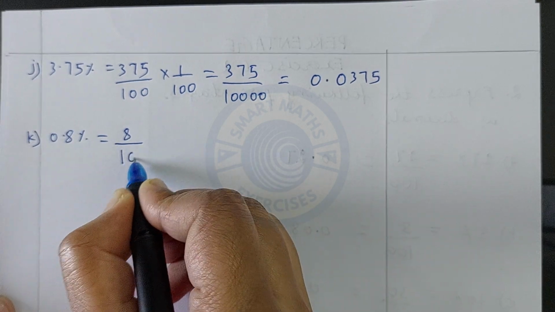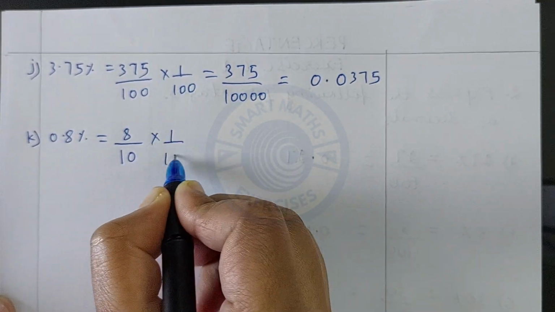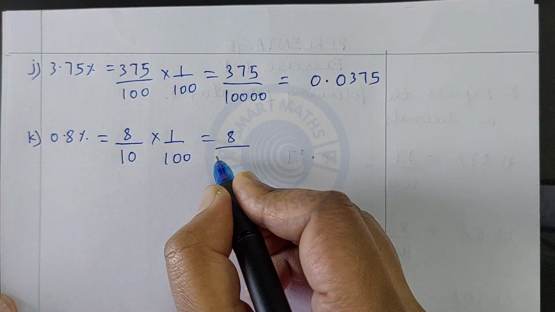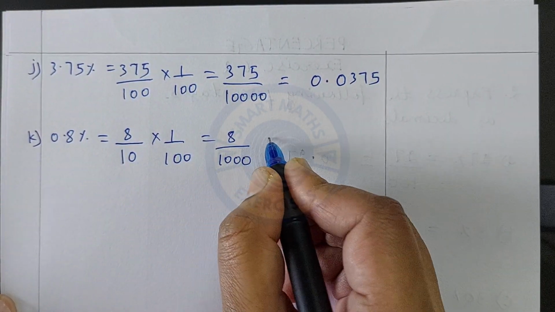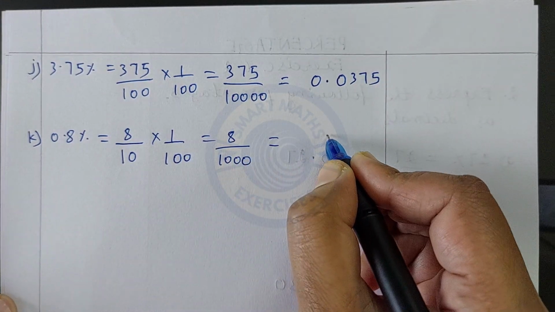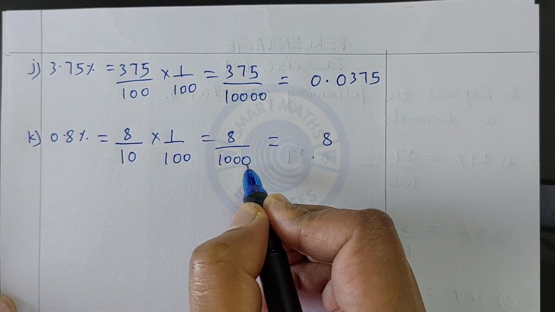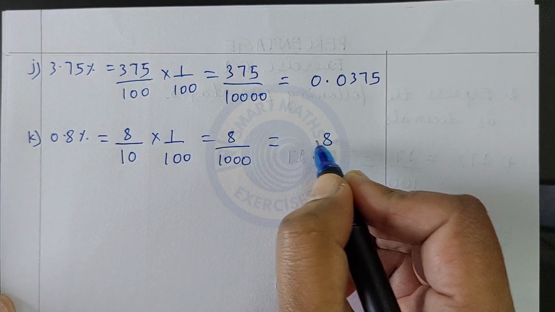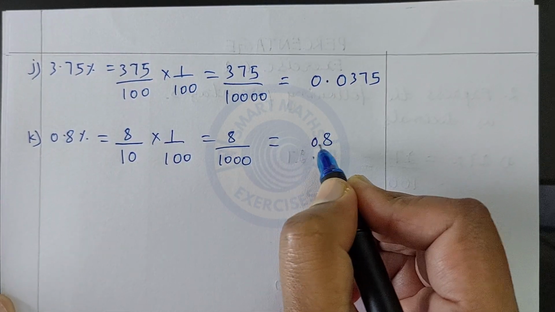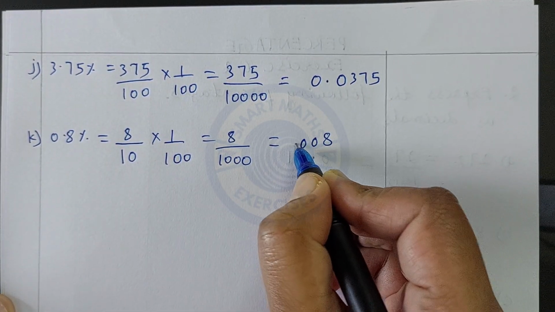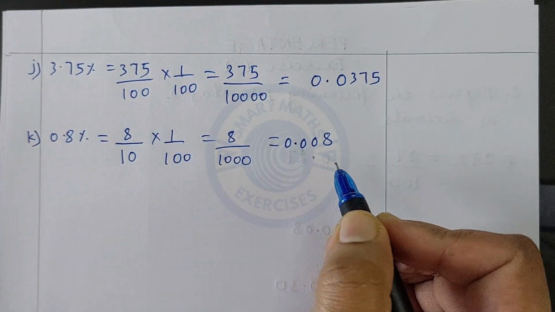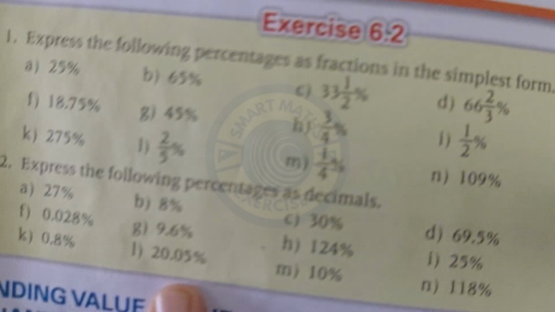So write 0 into 1 by 100. 8 ones are 8, 10 hundreds are 1000. Write 8 at the right hand side. Count the number of zeros below. 1, 2, 3. There are no numbers here, so add zeros. 2, 3, decimal point and 0. Answer is 0.008.